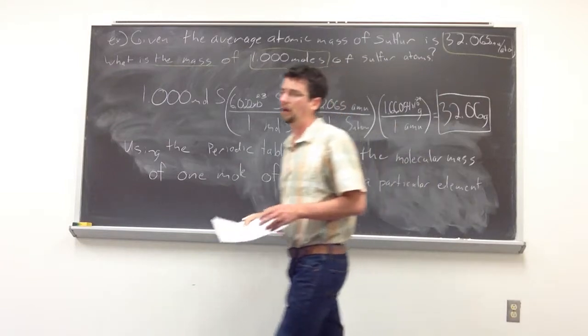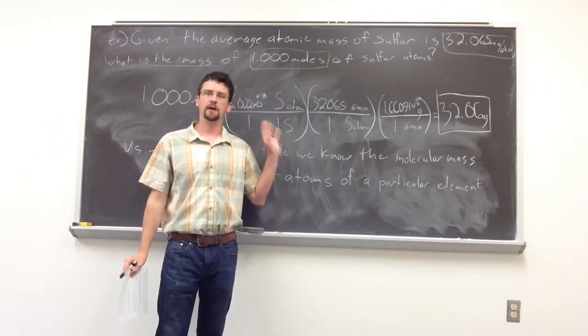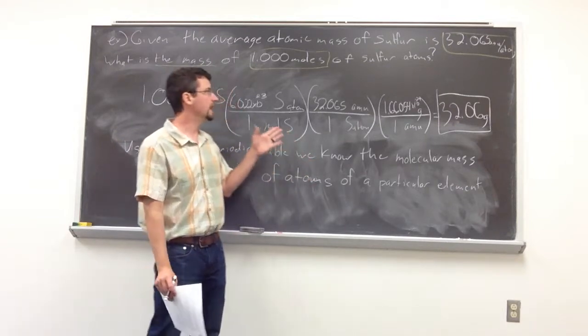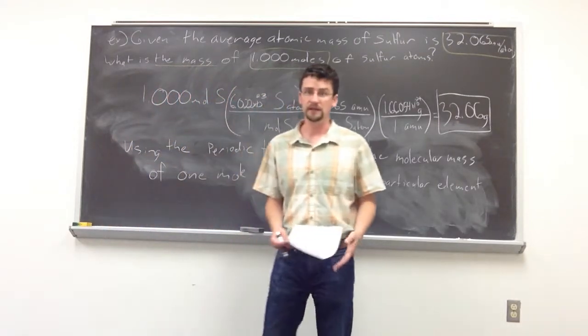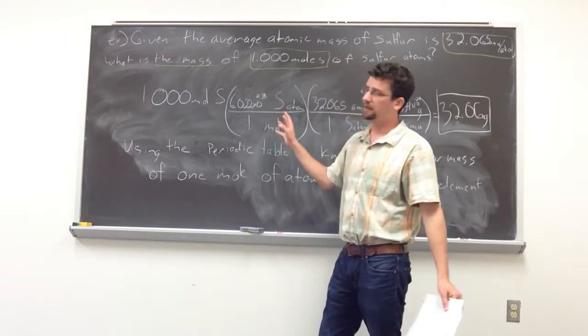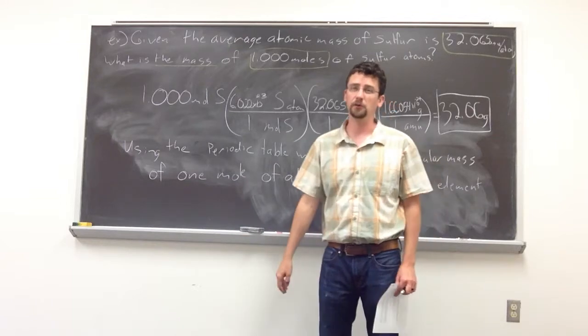So that way, later on when we're starting to calculate molecular weights of different structures beyond just single atoms, of molecules, we can get a molecular weight easily, and we can use that in terms of grams, because that's what we're going to use in the laboratory.